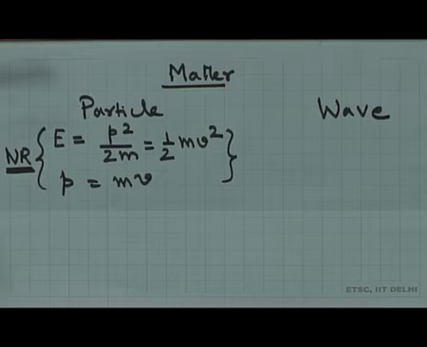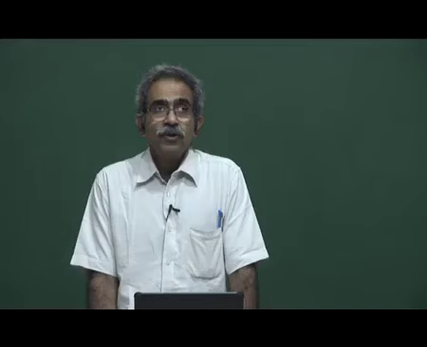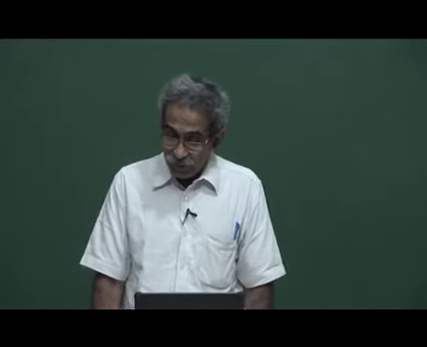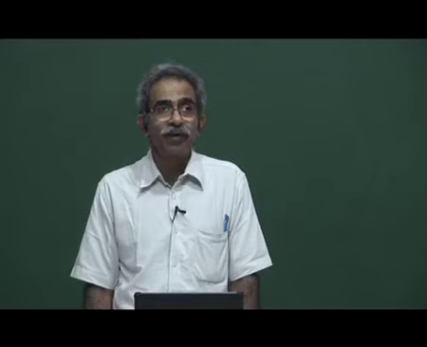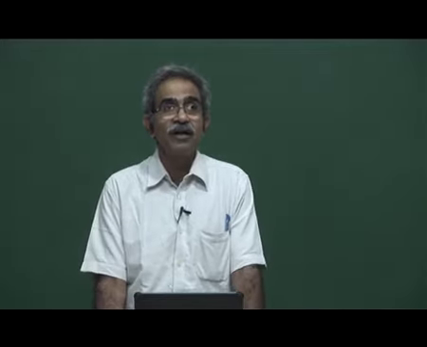Now, from the viewpoint of a particle, my energy is given by p squared over 2m, where p is the momentum of the particle, which is also equal to half mv squared. So, the relation between energy and momentum is given by E equal to p squared by 2m, and my momentum is of course mv. These relations I will call NR. NR is Newtonian relation or non-relativistic relation.